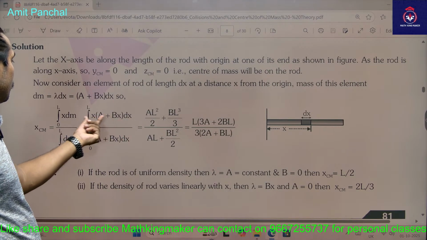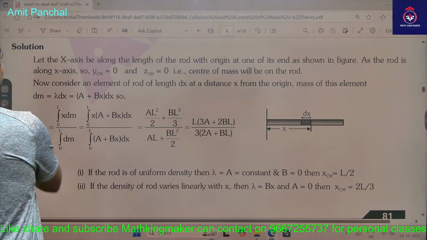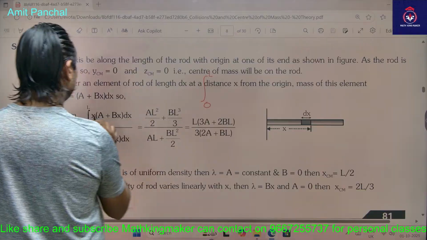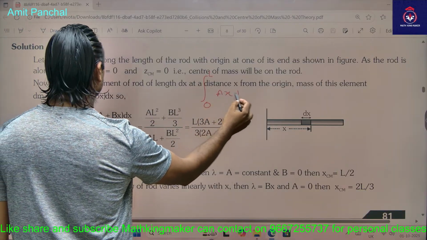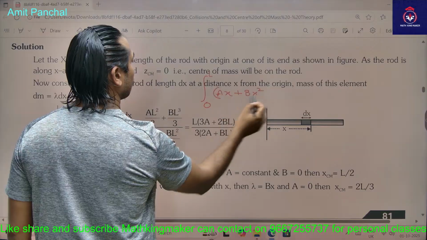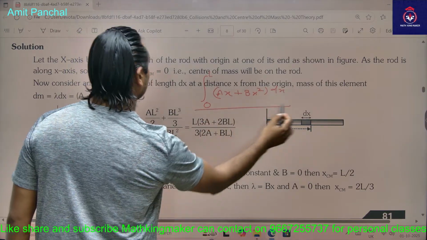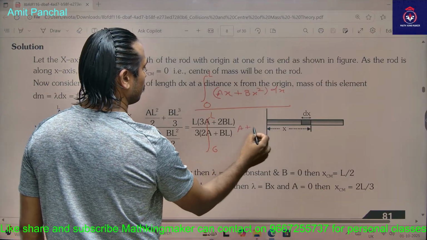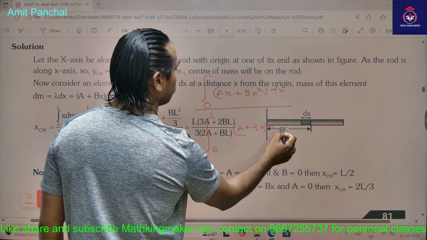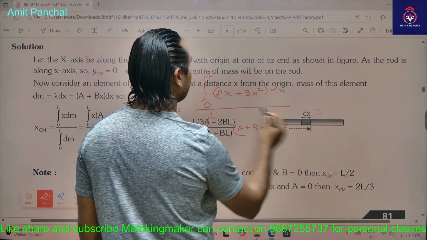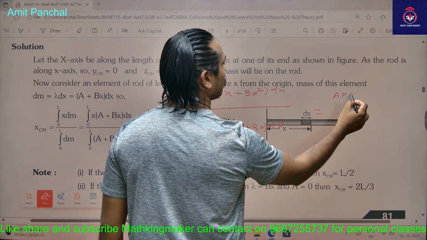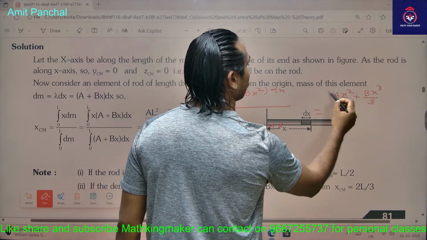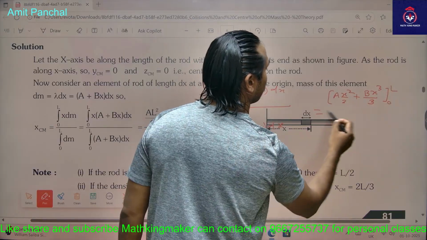If you multiply this, the integration becomes 0 to L of (ax + bx²) dx divided by 0 to L of (a + bx) dx, isn't it? Okay, so that becomes ax²/2 plus bx³/3. It is from 0 to L, isn't it?